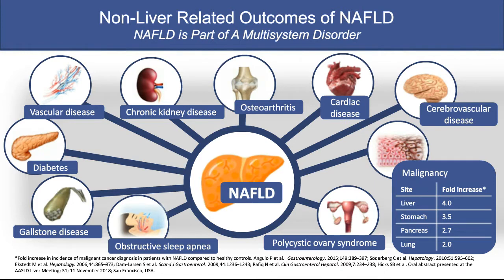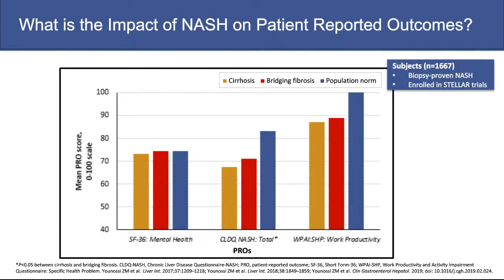Another important outcome from the patient perspective is patient-reported outcomes. These are things like quality of life. This is a study of almost 1,700 patients from Stellar 3 and Stellar 4, patients who have biopsy-proven NASH with fibrosis.